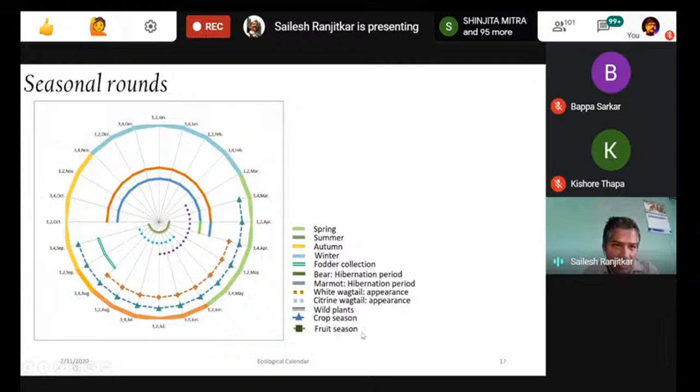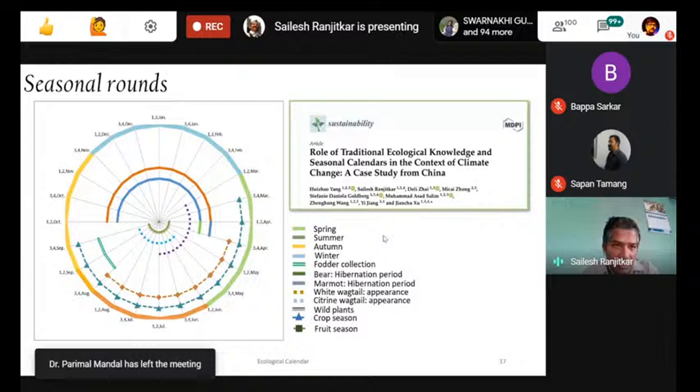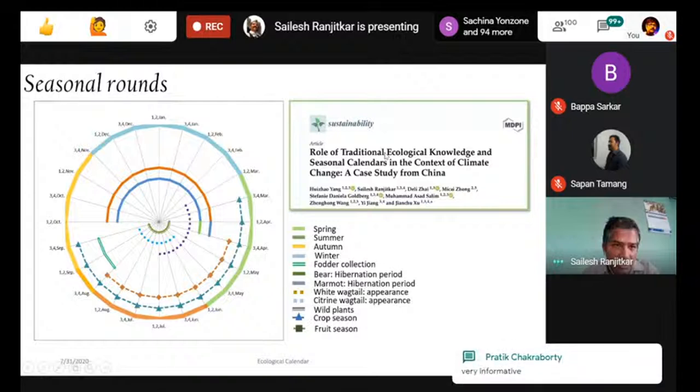Similarly, the cropping season and the fruiting season. These can be included in one small seasonal round. So we published this result in a publication in 2018 in Sustainability. You can access it if you want to read.